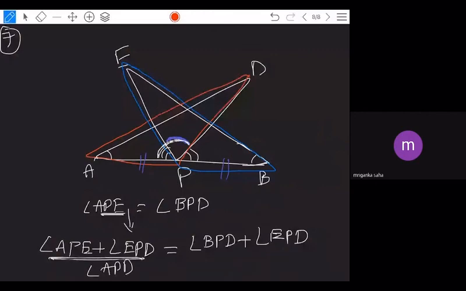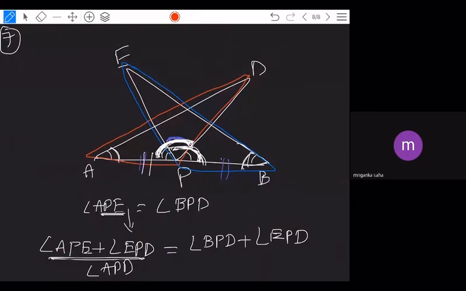So now you see that this angle is equal to this angle. In the red color triangle this, in the blue color triangle this, and in the red color triangle this angle, in the blue color triangle this angle, in the red color triangle this side.